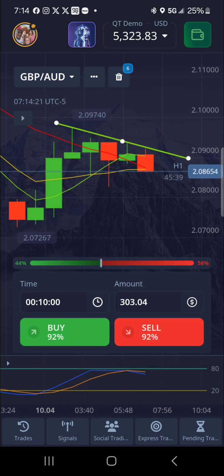I mean, I can kind of see a floor. But no, not really, because the next candle, yeah, I can't really see it.